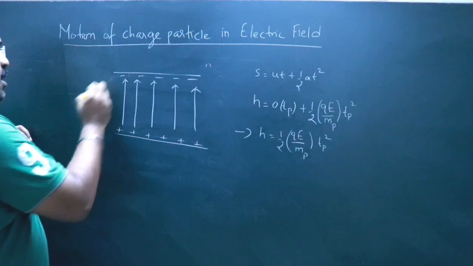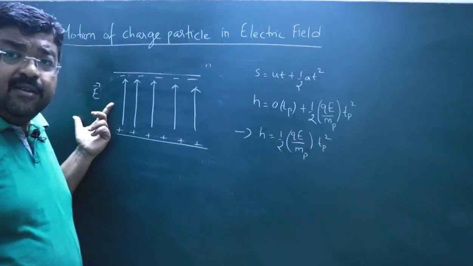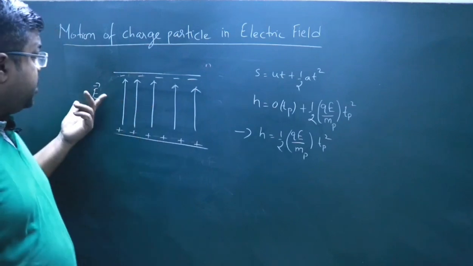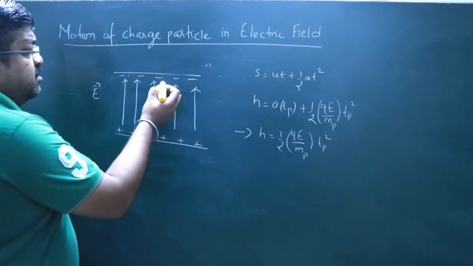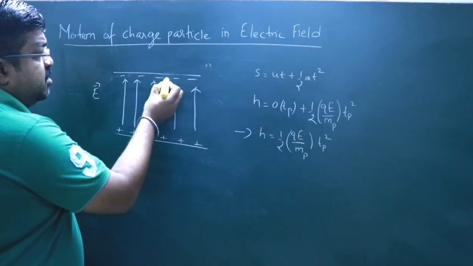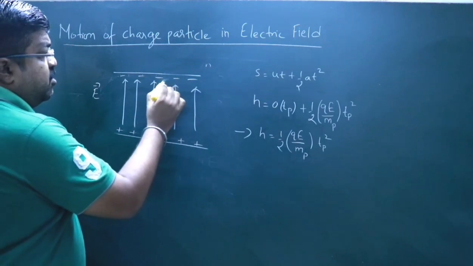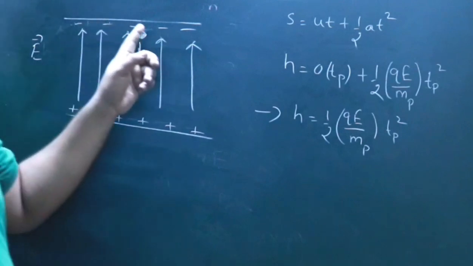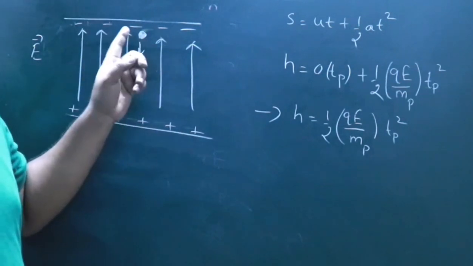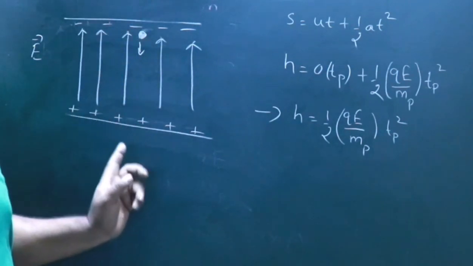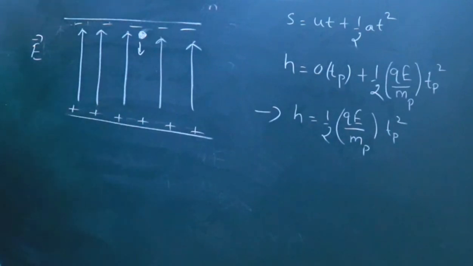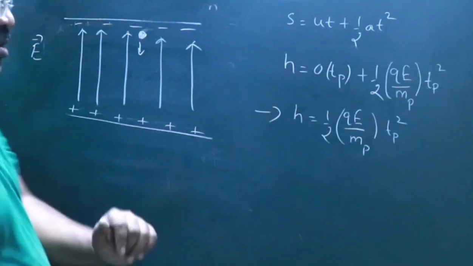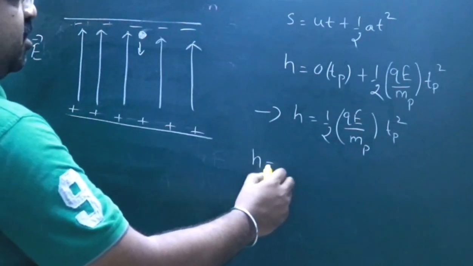So you have the same electric field, okay, the magnitude is the same, but the direction is reversed, okay. So this is E, and now suppose this is an electron and it is dropped from the upper plate. Now this electron is dropped from the upper plate and it is moving from the upper plate to the lower plate.